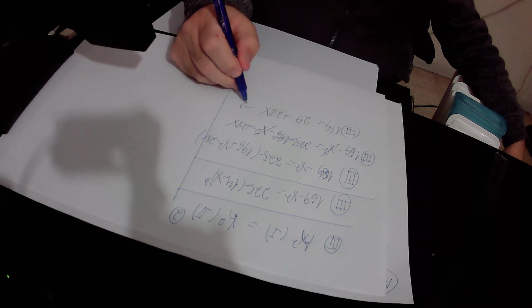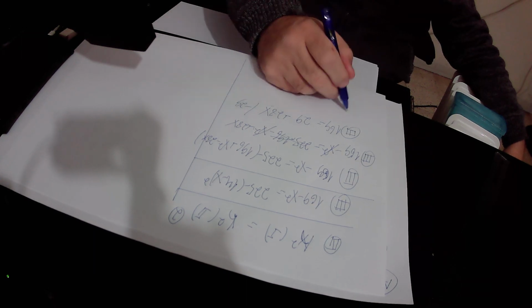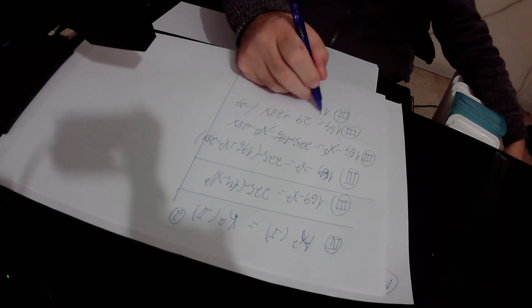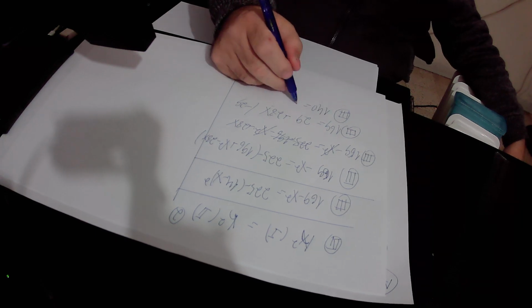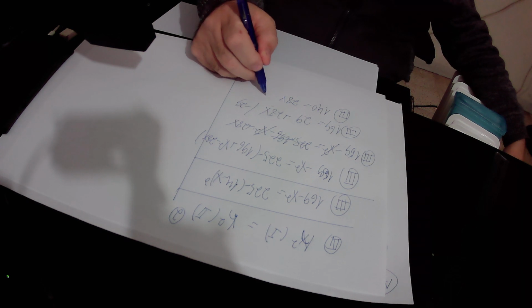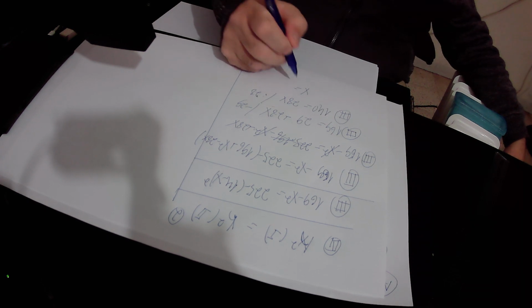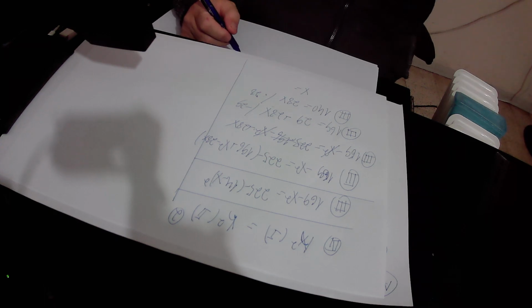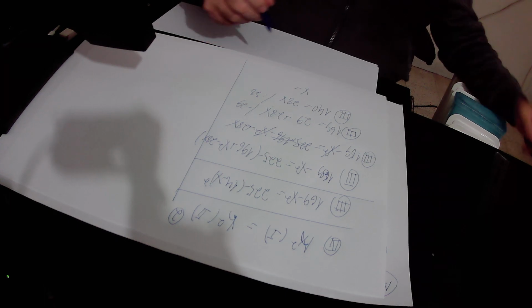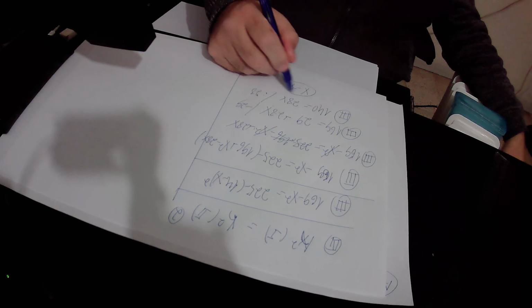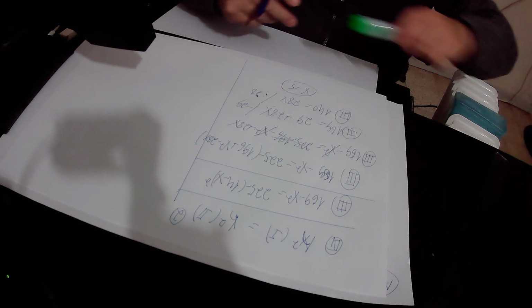Here we subtract 29 from this equation number 3, and we get that 169 minus 29 is 140. That is equal to 28x. Here we divide this equation by 28, and we get that x equals 140 over 28, which is 5. So x equals 5 units in its length.